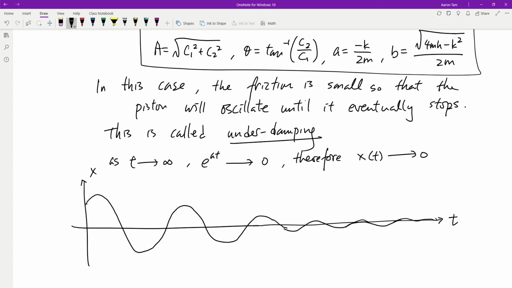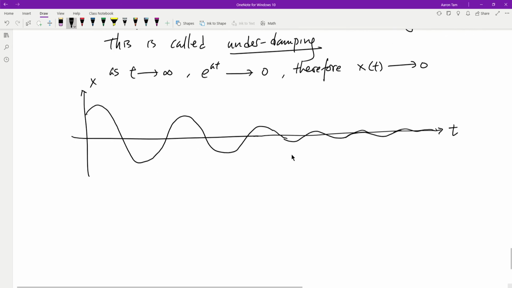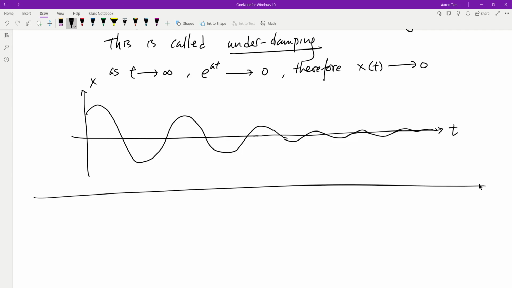The last case. What happens in case 3, if k squared minus 4mh is actually equal to 0? Or basically, what happens if the discriminant is equal to 0?